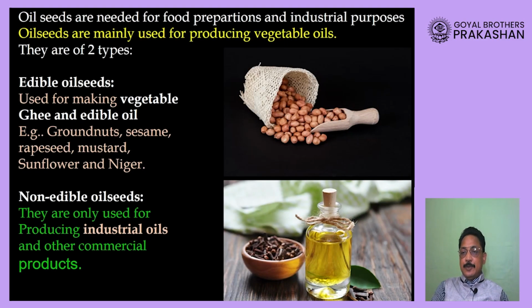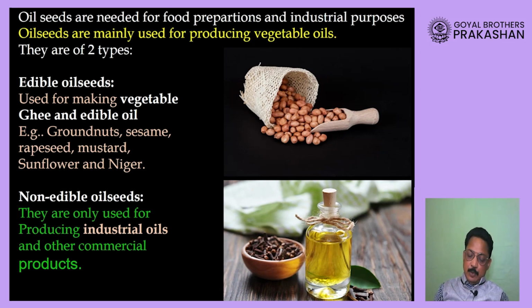Oil seeds are, dear students, those seeds from which you obtain oil. Now some seeds like groundnut or sunflower, the oil that is extracted is used in food preparations. We call such oil seeds edible oil seeds, whereas non-edible oil seeds like linseed, which is used to make fiber, we don't use as foodstuff.